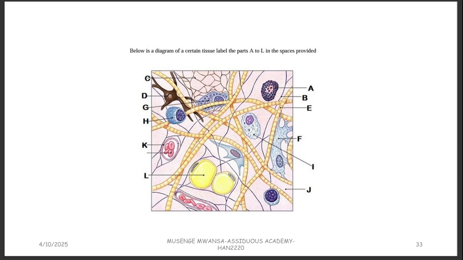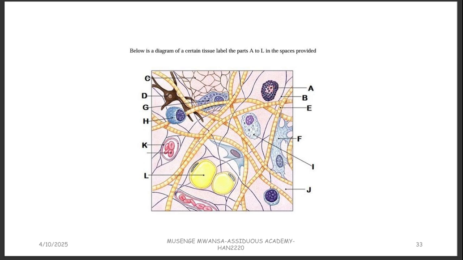And then let's go to C. So C is this other side. What is C? And you can't miss C, can you? What is C? Okay, those are reticular fibers.